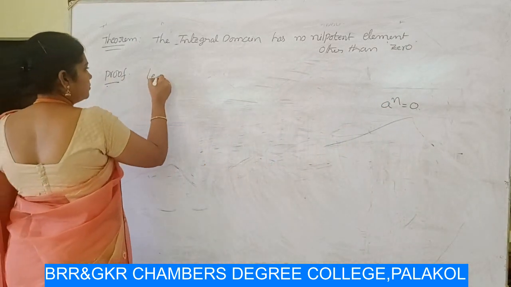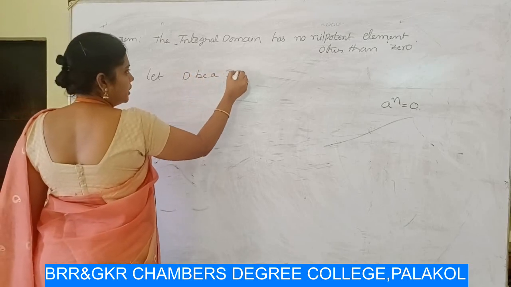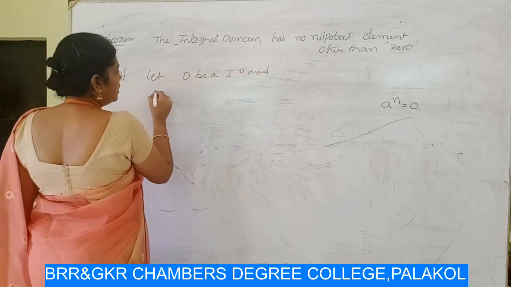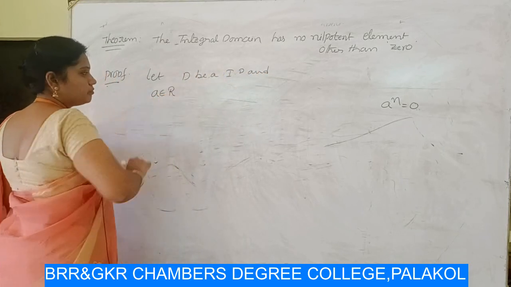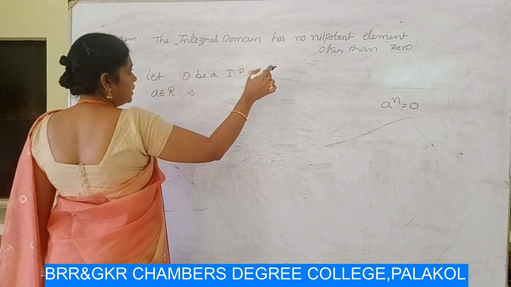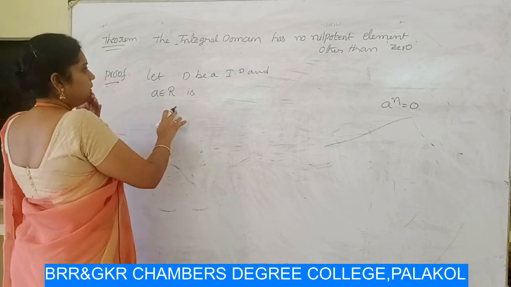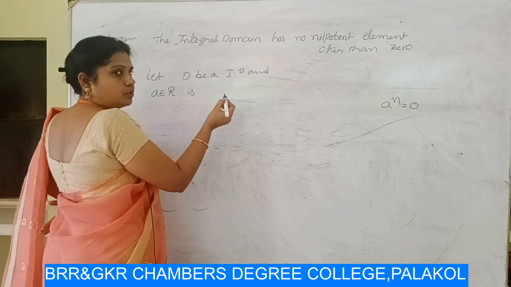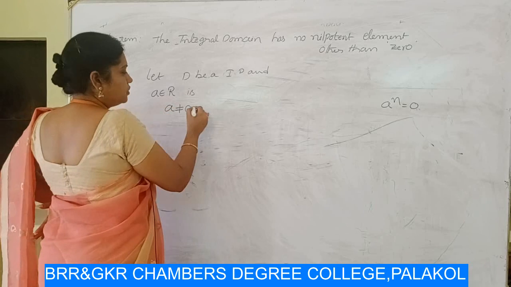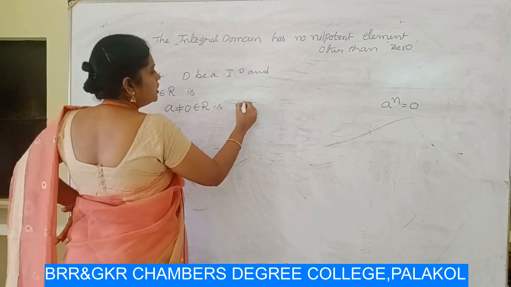So let D be an integral domain and A belongs to R. Here other than 0 means that if A is not equal to 0 and belongs to R, A is a non-zero element, and we assume it is a nilpotent element.